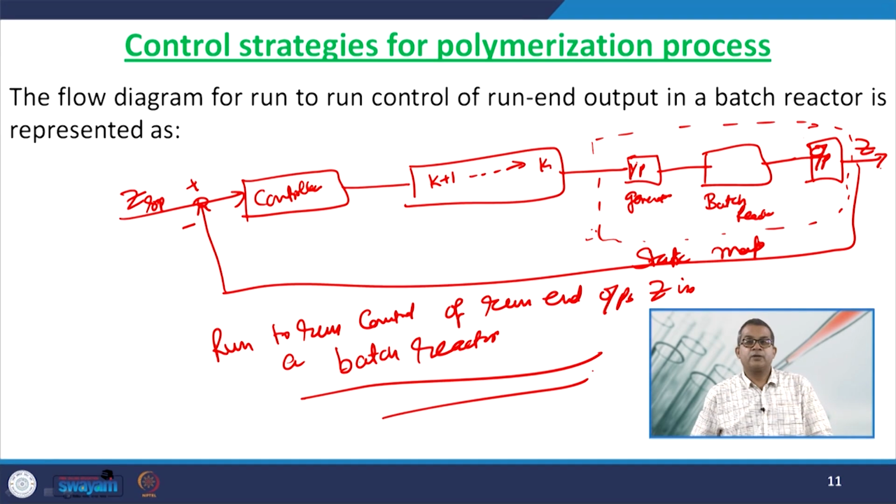So this is the flow diagram for run-to-run control of run-end output.